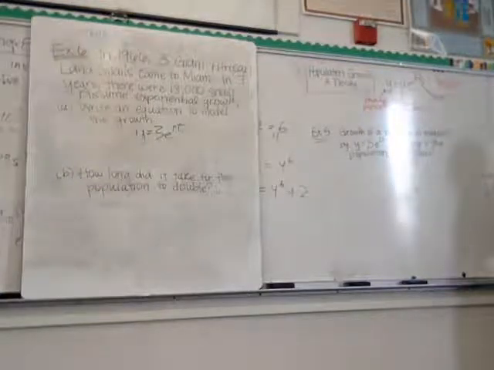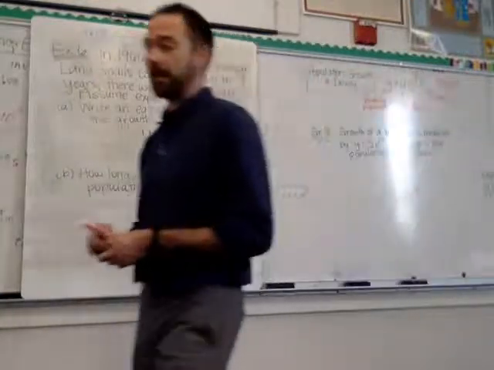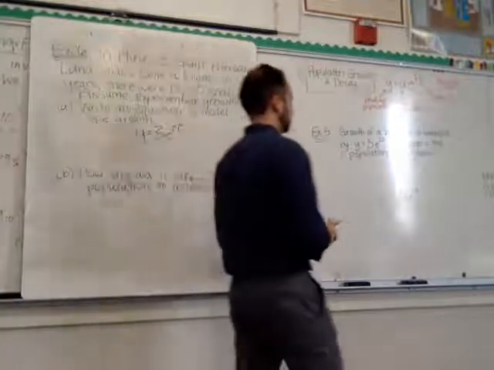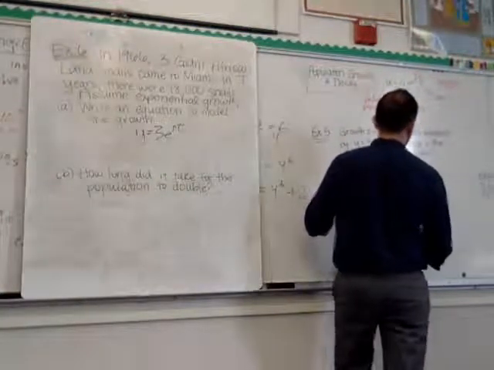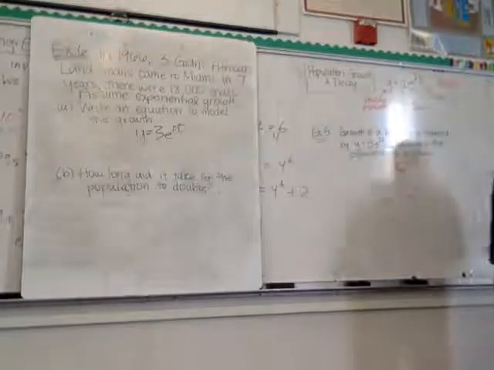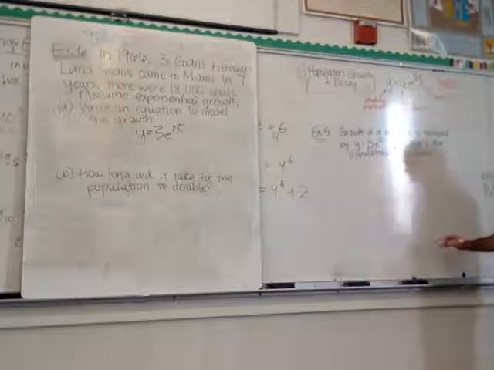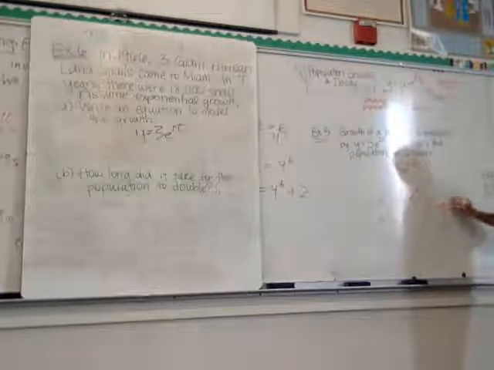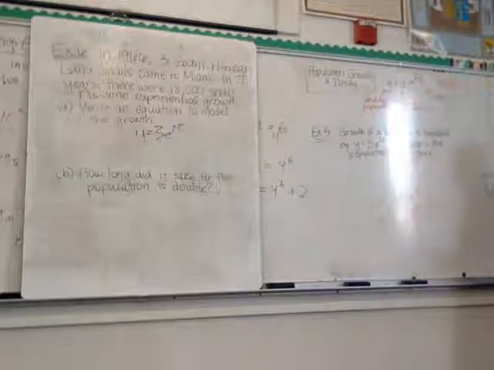Go ahead and get acquainted with that E button on your calculator. 5e raised to the 12 is... What is the population in 6 hours? 813,773 something.